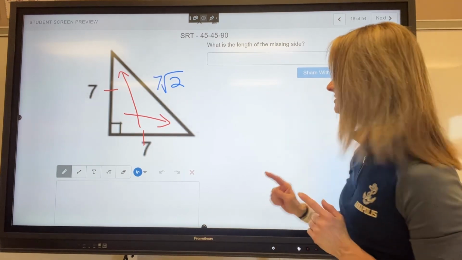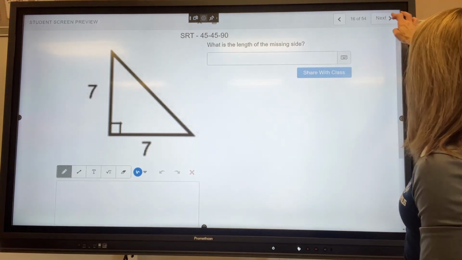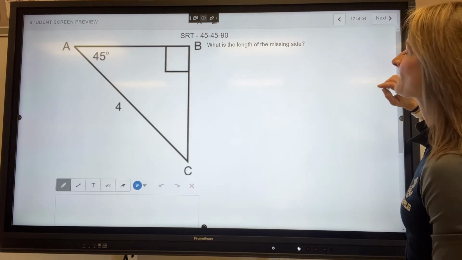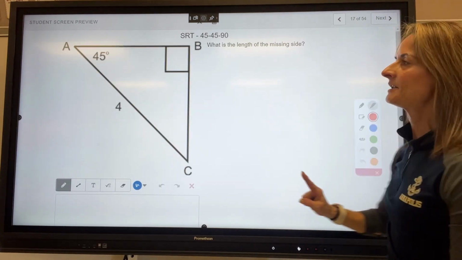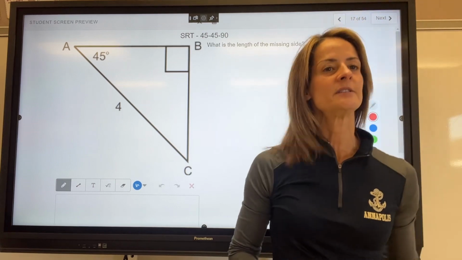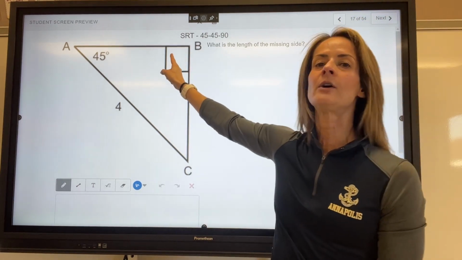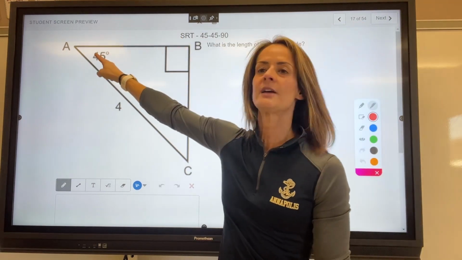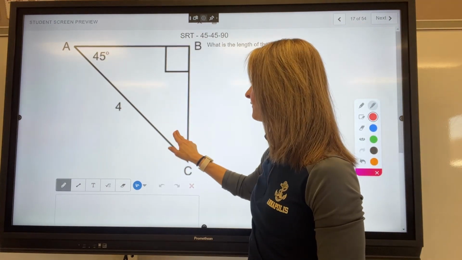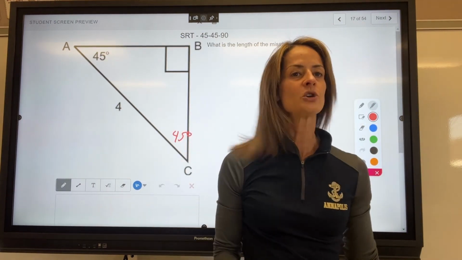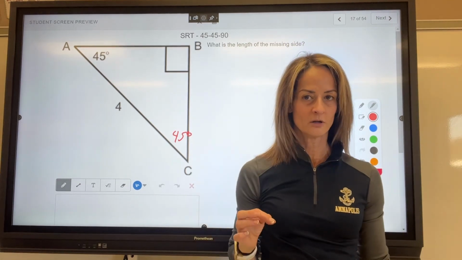Okay, a more difficult type of these problems is when you are given the hypotenuse, like in slide number 17. In slide number 17, we have a 90-degree angle, we have a 45-degree angle, which makes this a 45, 45, 90 triangle, which means it's special.